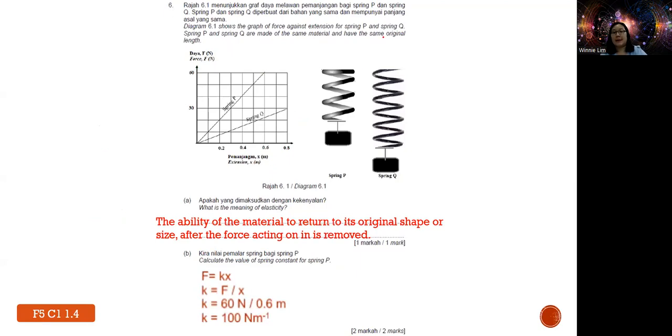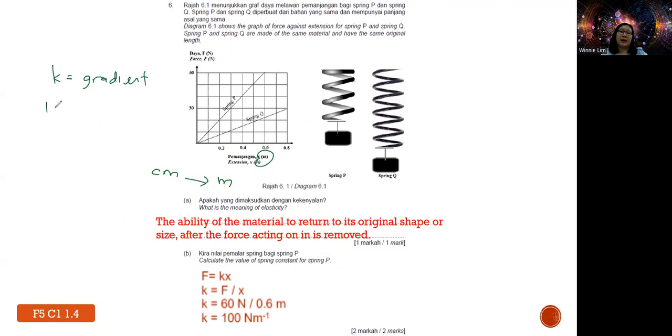Now, just to take notes, if you look at this graph, they are in SI unit. Sometimes the question will give the unit in terms of centimeter. So it is advisable to change to meter, because sometimes they will also ask you to calculate the elastic potential energy. Just now teacher mentioned spring constant is calculated using gradient, right?